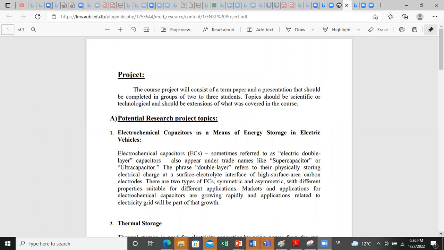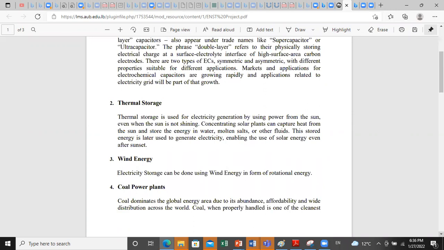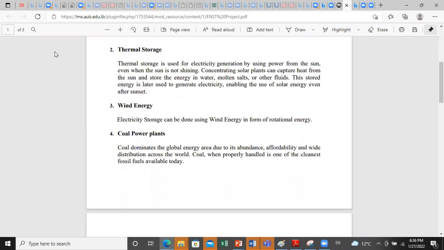Another one is thermal storage. Thermal storage is very important because sometimes we'll see that in some cases energy is in excess. So let's say in a country which is exposed a lot to solar energy, when you have a solar system, it will allow you, let's say, to heat, for example, water for shower, to heat water for domestic application, but you have an excess of energy that if you don't store, you will lose it.